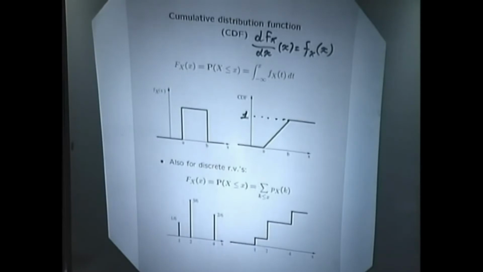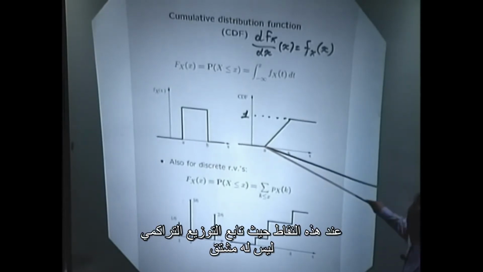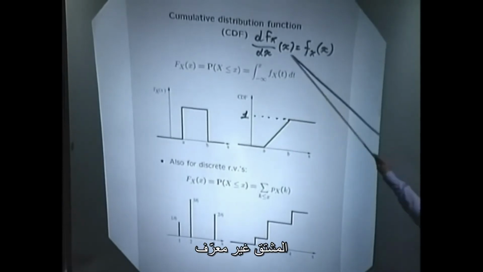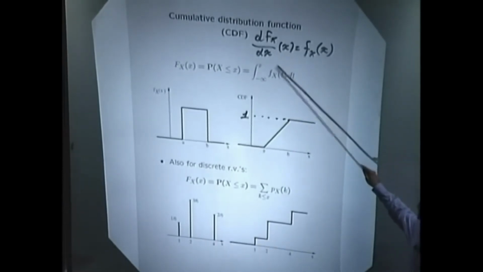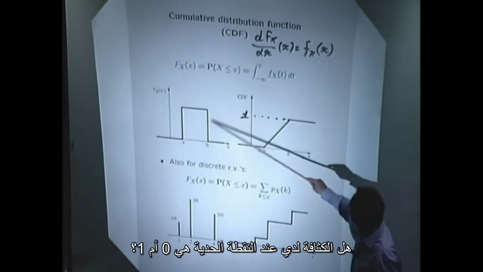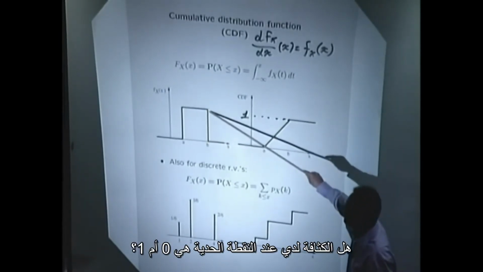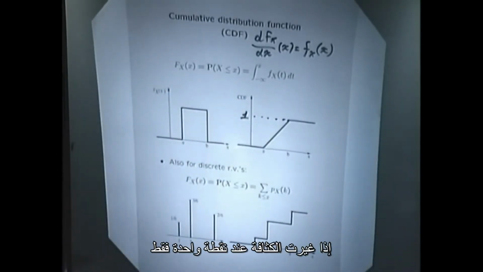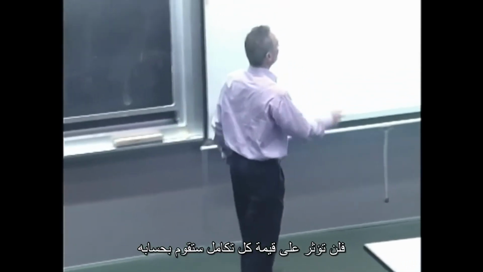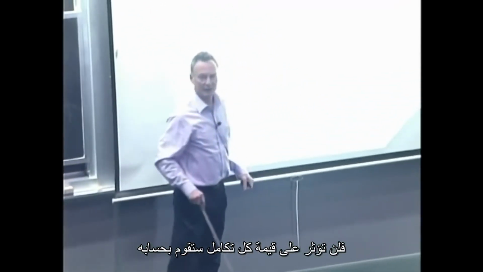What's the exception? At those places where the CDF does not have a derivative, here where it has a corner, the derivative is undefined. And in some sense, the density is also ambiguous at that point. Is my density at the end point, is it 0 or is it 1? It doesn't really matter. If you change the density at just a single point, it's not going to affect the value of any integral you ever calculate.